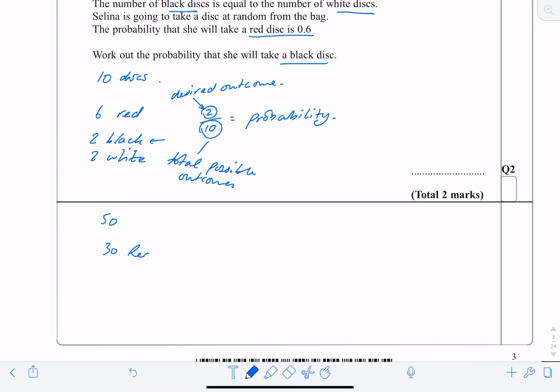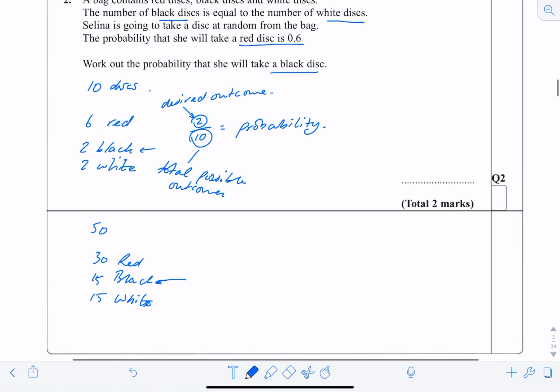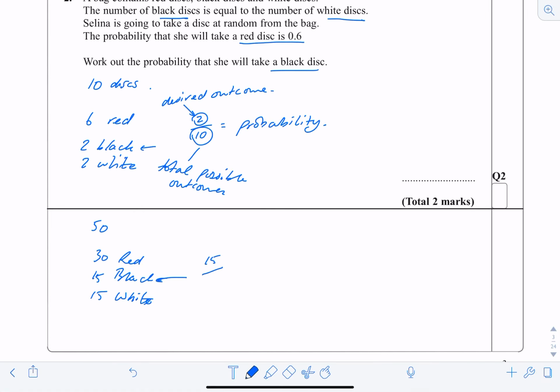That would mean there are 30 red discs, 15 black, and 15 white. The probability remains the same because for black it would still be 15 divided by 50, which is the same as 0.2.